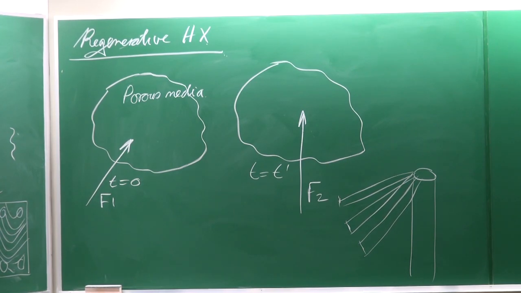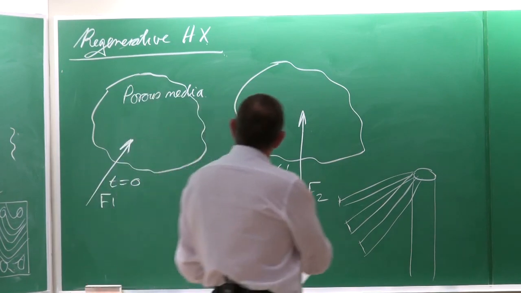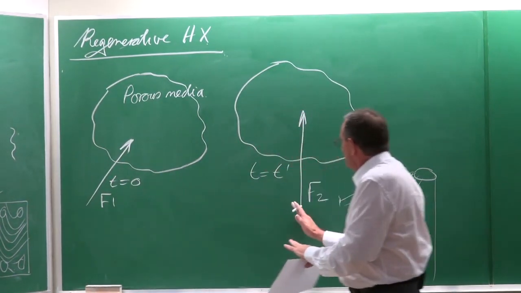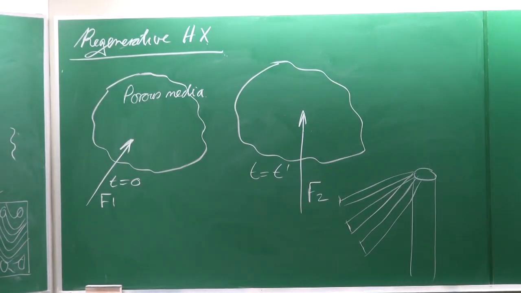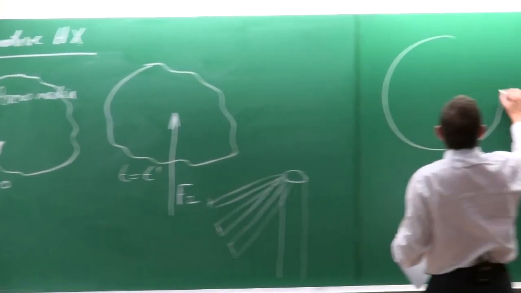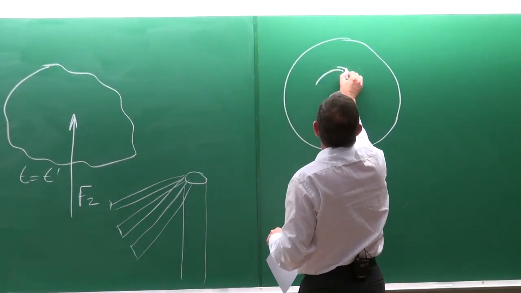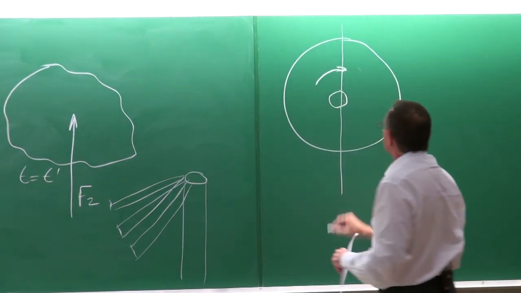So this is one type of configuration, but you can also have configurations where the two fluids go through the porous media at exactly the same time. And normally this is done in the form of a wheel which is being rotated at a small velocity.